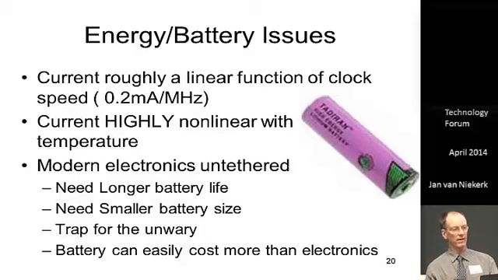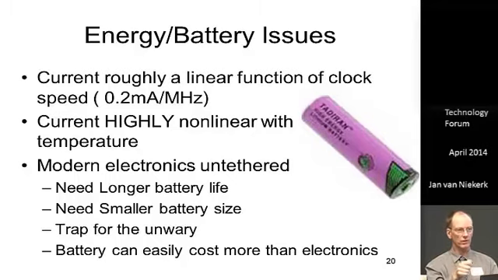Also a warning that current is highly nonlinear with temperature. So you design something for somebody, you calculate that on a battery it's going to last for a month, but then you find out to your surprise when you leave it out in the sun, it only lasts for a week. And the reason for that is that highly nonlinear increase in current.